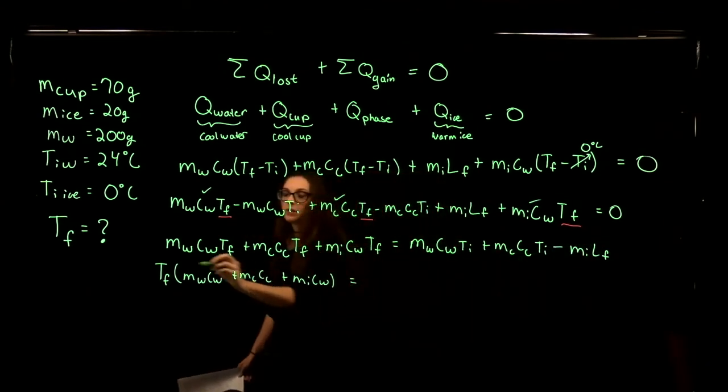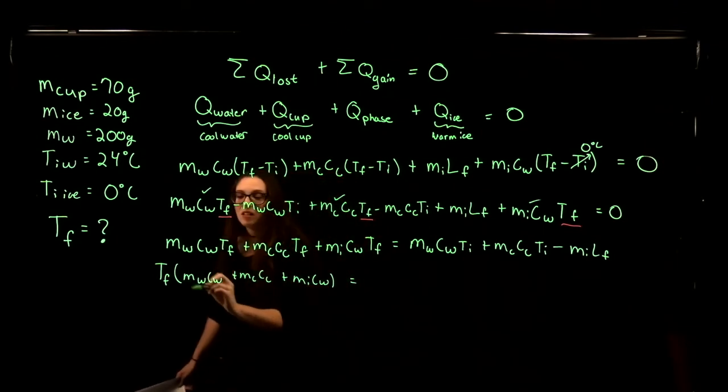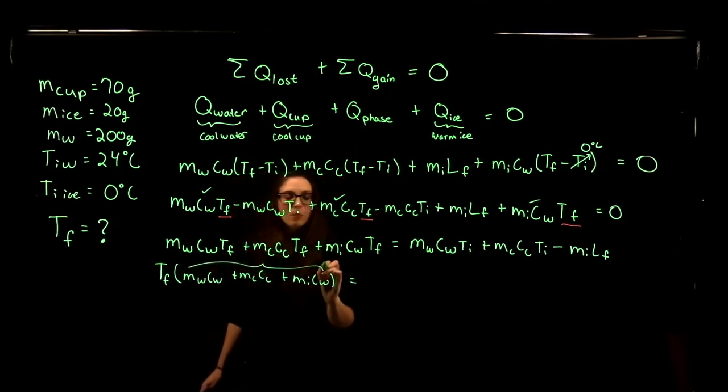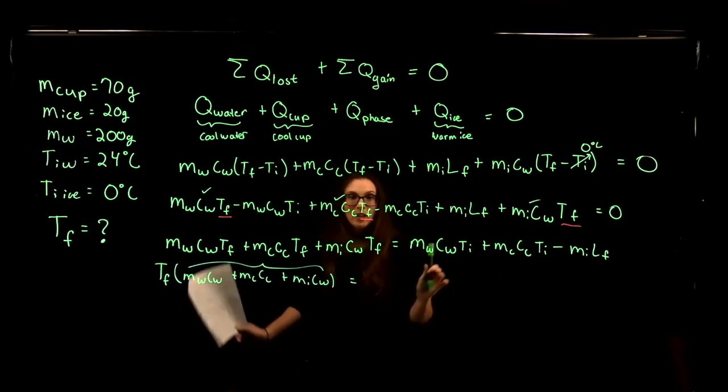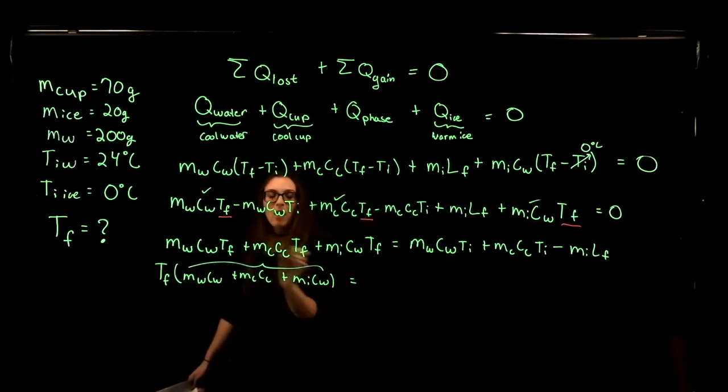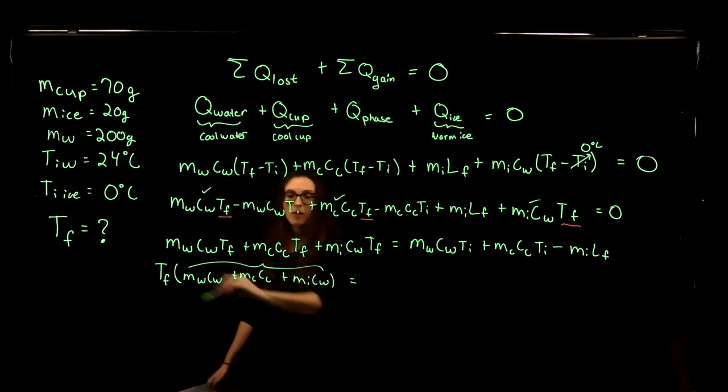So what I can do is divide both sides by this stuff right here that's in the parentheses, okay? When I divide this side by all the stuff in the parentheses, I'm just left with T final.